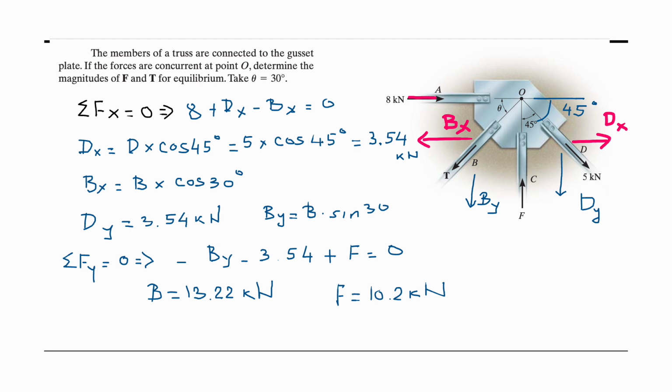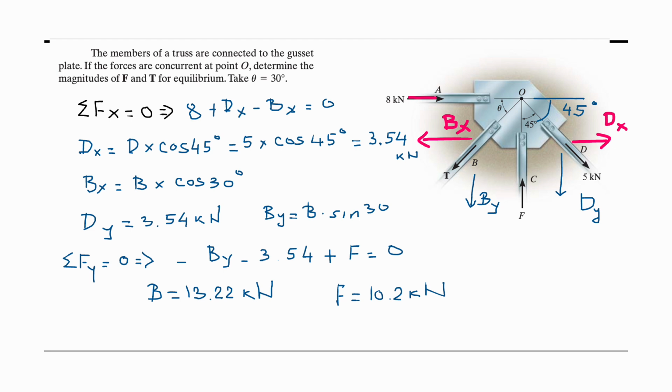Using the equation of equilibrium in the x direction, we have this known force of 8, then we have dx, which is 5 times cosine 45, that is 3.54 kilonewton positive, and we have this B or T force, which is the same, times cosine of 30, in a negative direction. So this one, B, is our unknown.